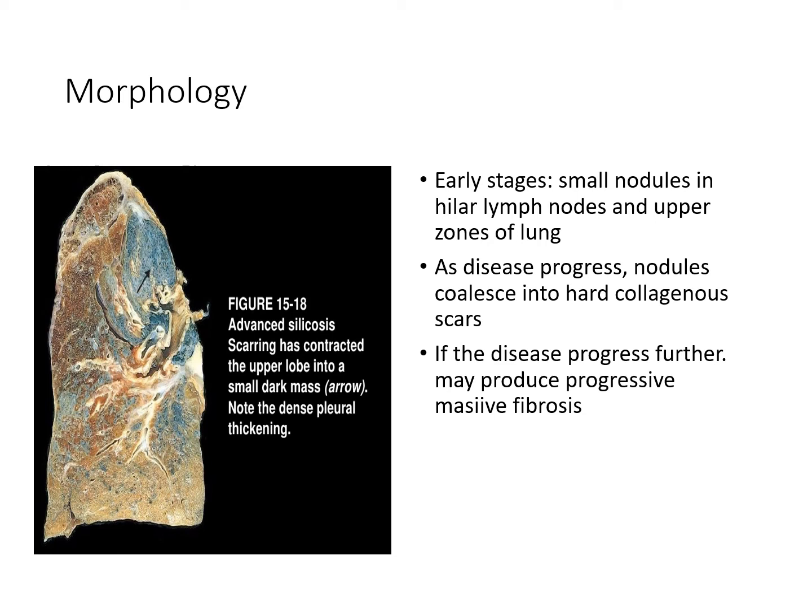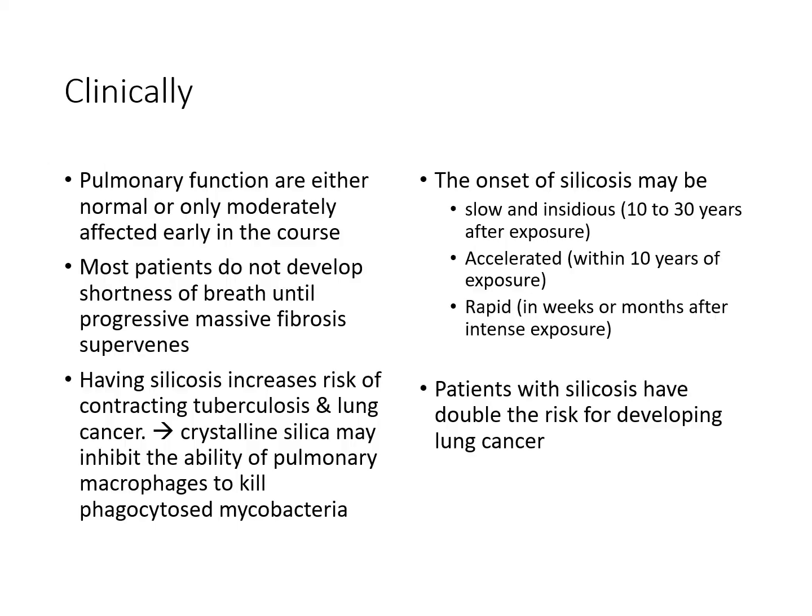The scarring has contracted the upper lobe into a small dark mass, as shown by the arrow. In the early course of silicosis, the pulmonary function is either normal or only moderately affected. Most patients do not develop shortness of breath until progressive massive fibrosis occurs.